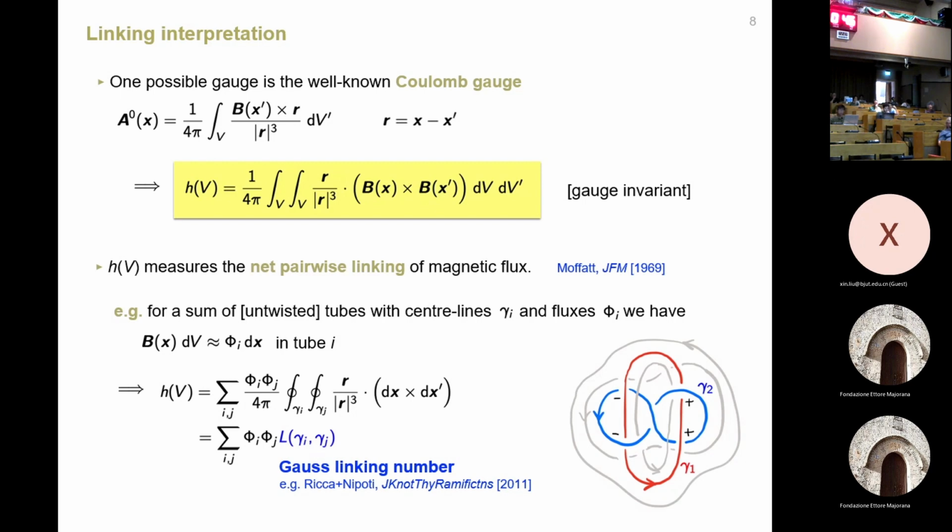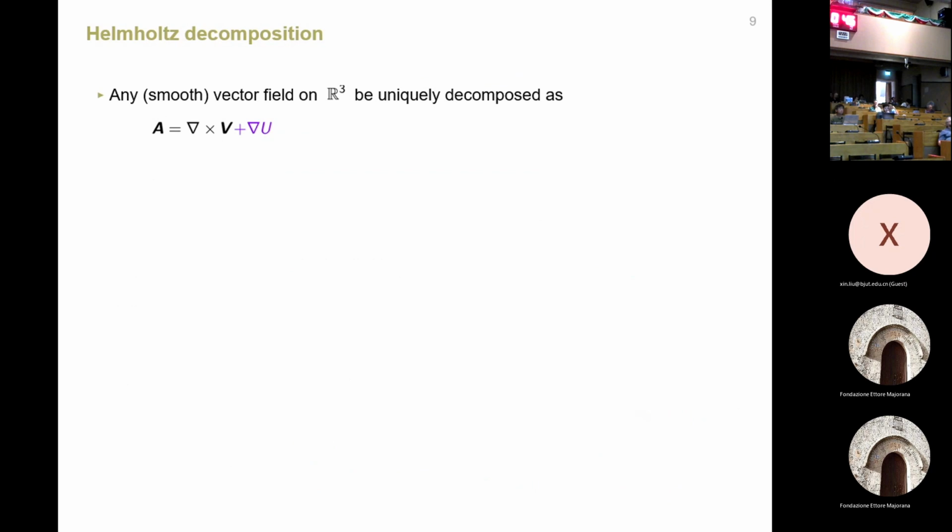Now you can look at the Coulomb gauge in another way, in terms of the Helmholtz decomposition. If you have any well-behaved vector field, you can uniquely decompose it as something that's divergence-free and something that's curl-free on R3.